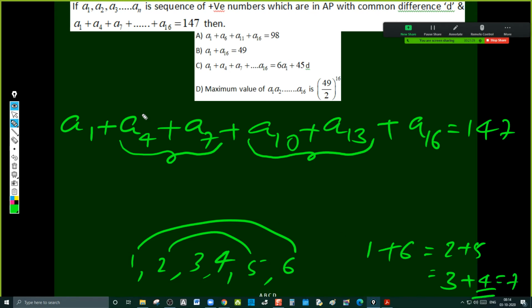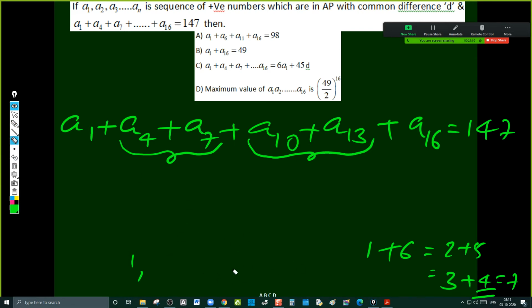Equal. And hence you can write each of them, this one as A1 plus A16, this one also as A1 plus A16. So write it as thrice A1 plus A16. I have shown you the numerical example. Now I am writing this in this way.